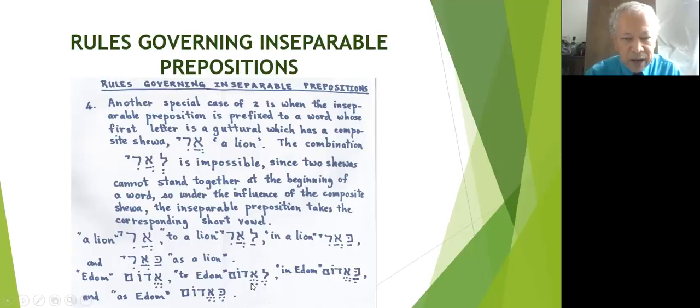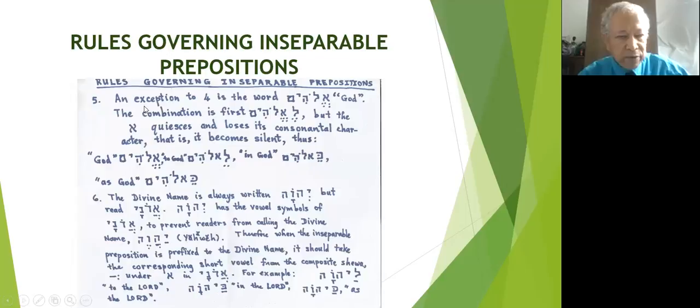So you have le ethom, to edom, be ethom, in edom, and ke ethom, as edom. So this is another special case of rule number 2, when you are joining an inseparable preposition to a noun that starts with a guttural letter.